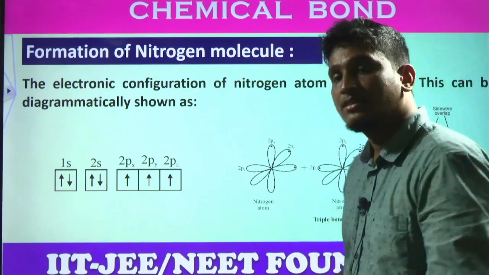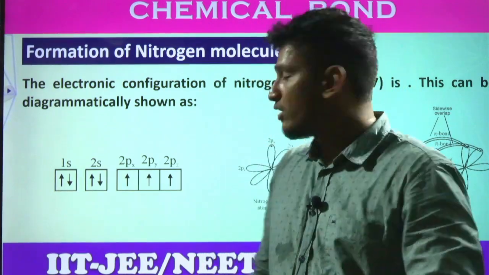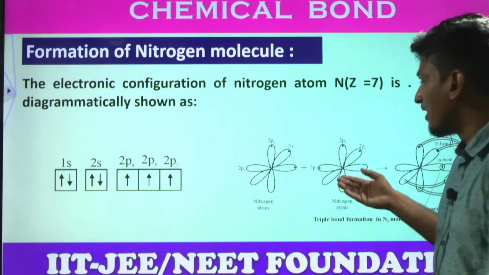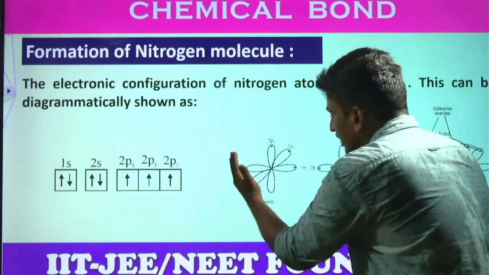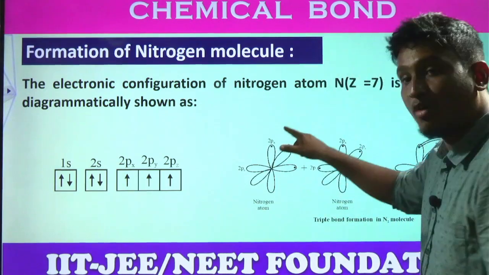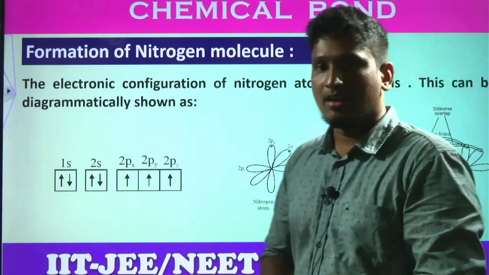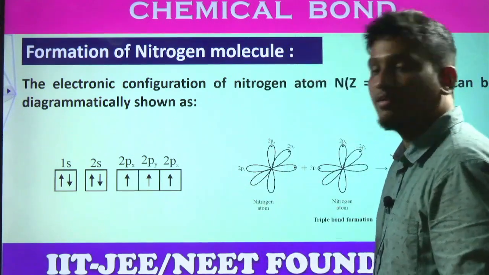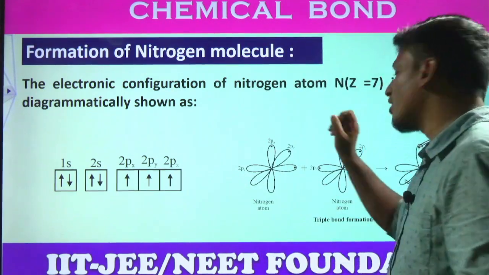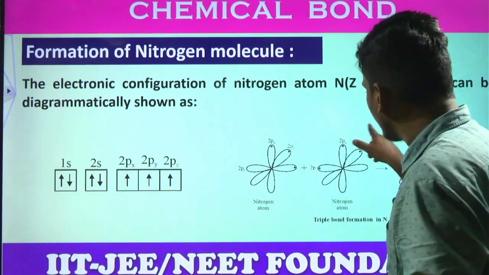When they meet like this, what is that overlapping called? Sidewise or end to end? End to end overlapping forms sigma. After meeting together, they come more and more closer. Then the px orbital overlaps with the px orbital of the other atom, and the 2py orbital overlaps with the 2py orbital of the other atom.